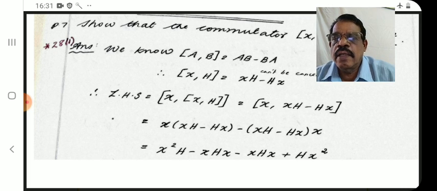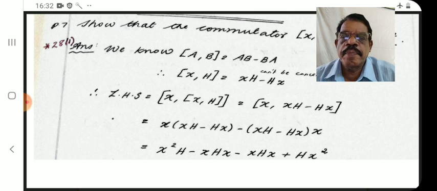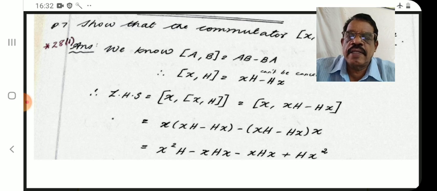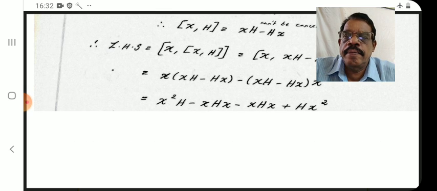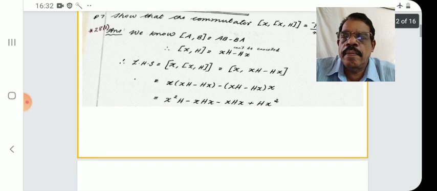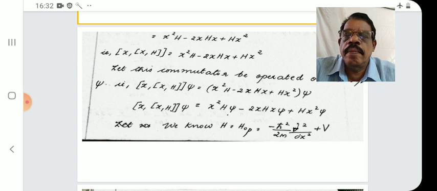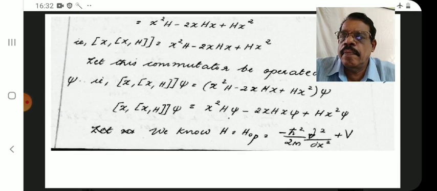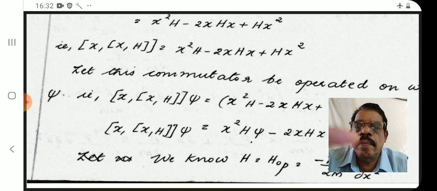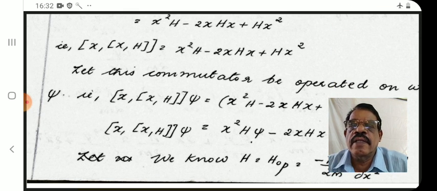Remove the bracket. x into x square, that is x²H minus, write in the order, xHx minus second bracket xHx plus, minus plus Hx². It is equal to x²H minus 2xHx plus Hx².